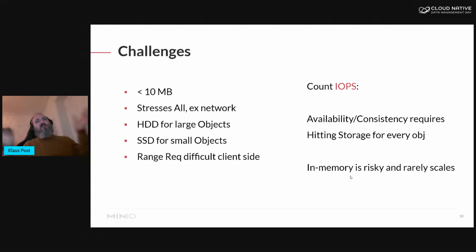So that's why the smaller they are, the bigger that part of the overhead gets. For every small object you have, you will be hitting your physical storage on a number of servers.